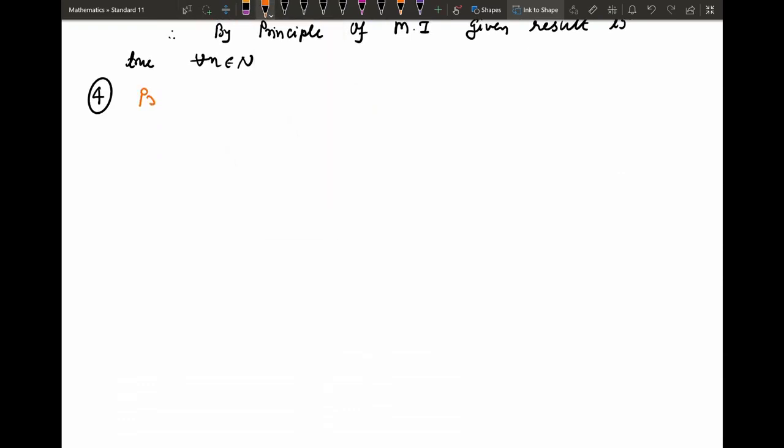Prove that 41 raised to n minus 14 raised to n is a multiple of 27, or you can say that 41 raised to n minus 14 raised to n is divisible by 27.